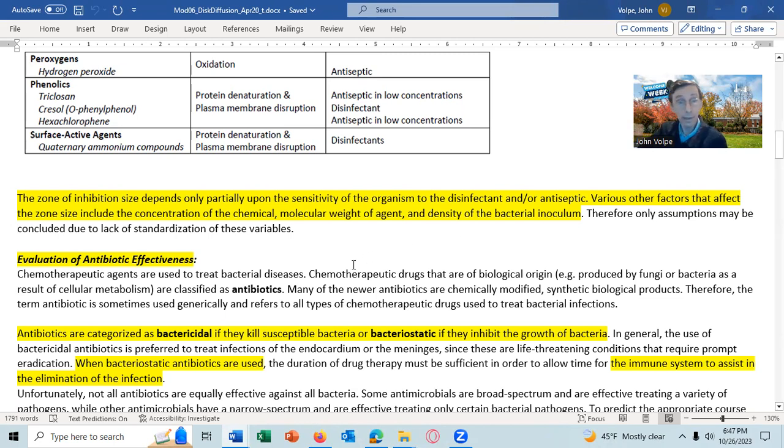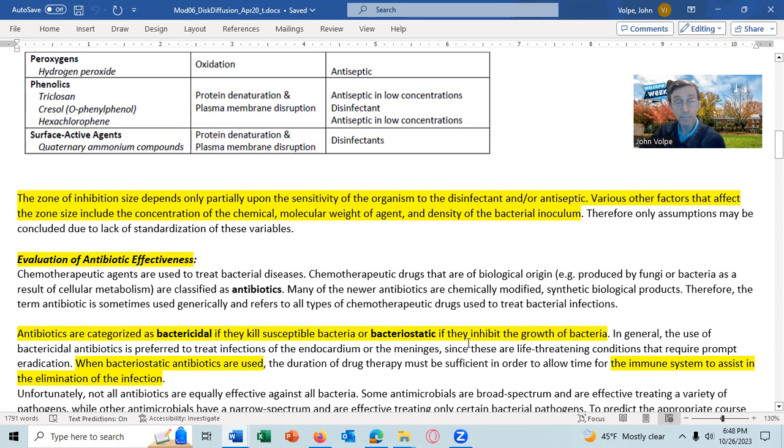When we're evaluating antibiotic effectiveness, it's important to categorize an antibiotic as to whether it is bactericidal, that means it kills the bacteria, or if it is bacteriostatic, if it inhibits the growth of the bacteria.